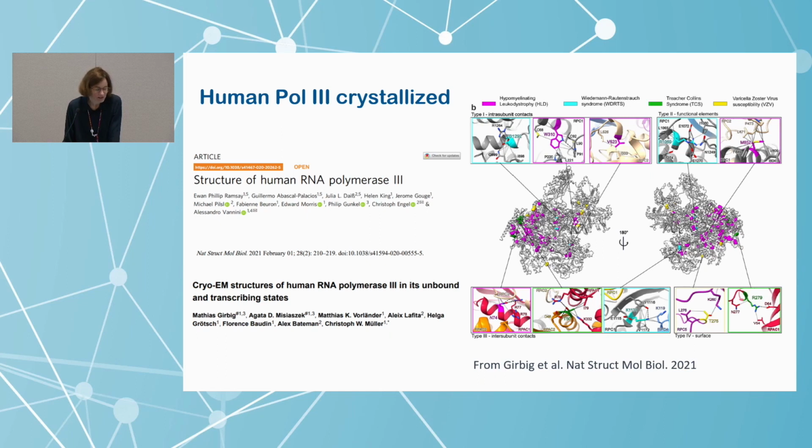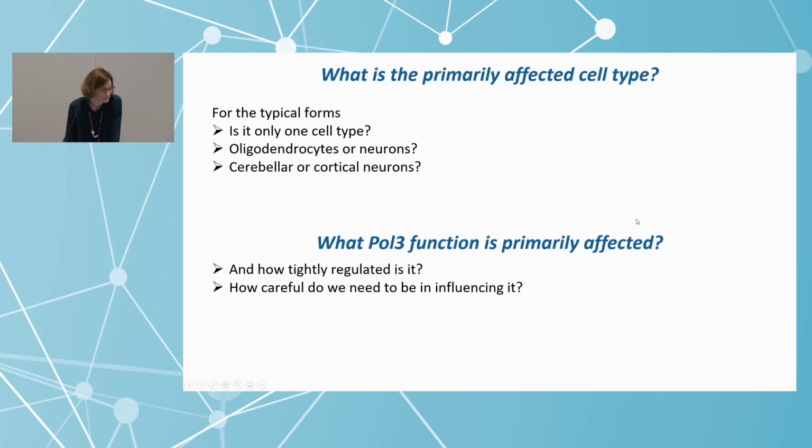So we start to have an idea where some mutations are located in the protein and give you the specific forms, but why it's still a problem.